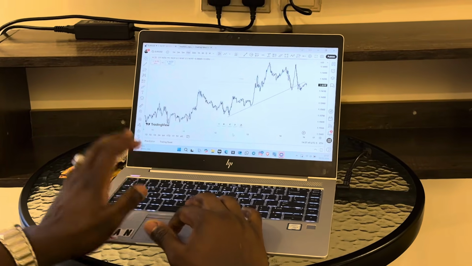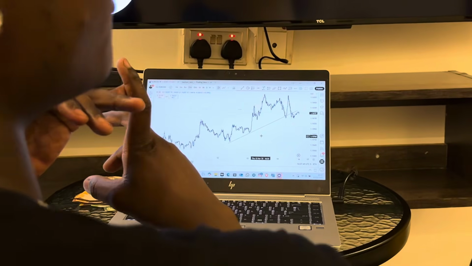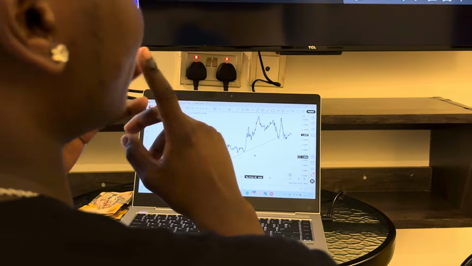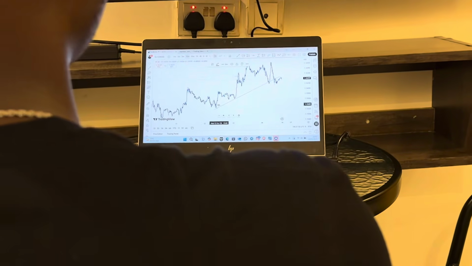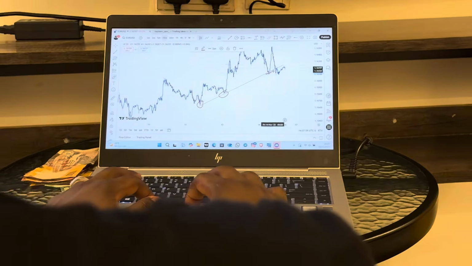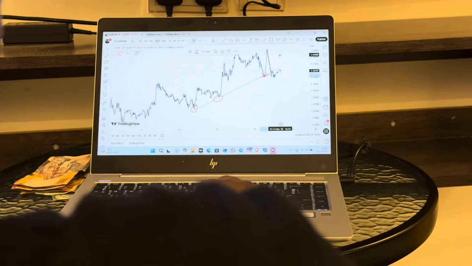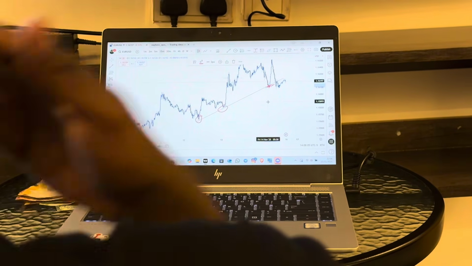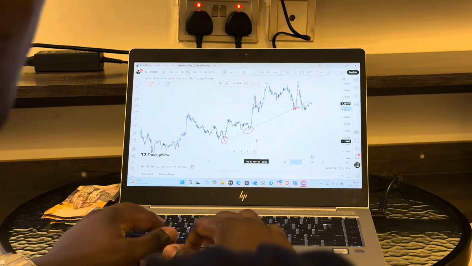Trend lines are drawn only if your market is on a bullish movement or on a bearish movement. For example, here there was a first touch, here there was a second touch, here the market came. You see, it respected what? It respected our trend line, and the market continued to buy. So this is just the simplest way of which you can make money in the market.